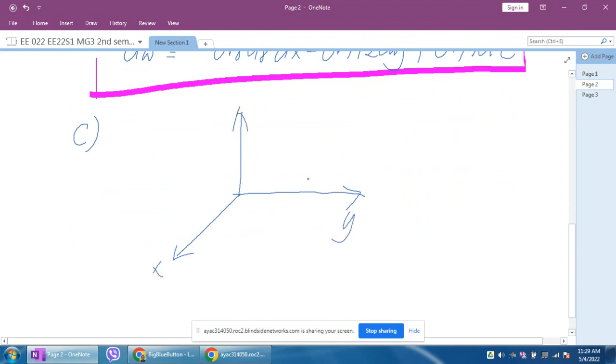Pag ang point natin nasa Z-axis, ano ang value ng X at value ng Y? Chat box, please.